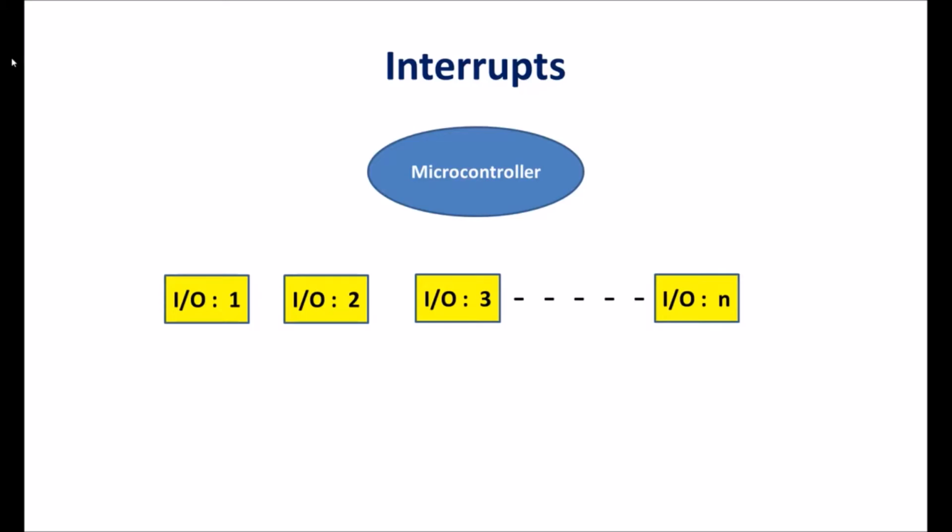So this is the main difference between polling method and interrupt method, where in polling method microcontroller is going to check a device, and in interrupt method whenever device is ready it sends a signal to microcontroller.